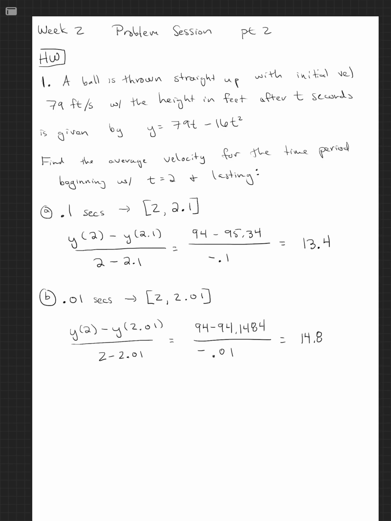To a calculator and got 14.84. Next one was to be lasting 0.001 seconds, which means we're looking at the interval 2 to 2 plus 0.001. And we're going to plug it into the same formula.